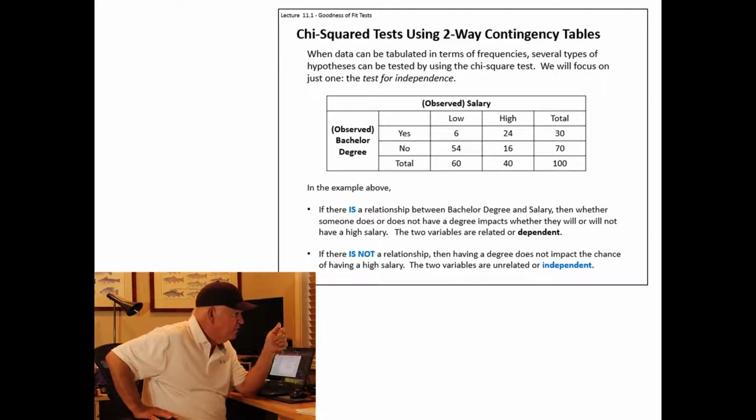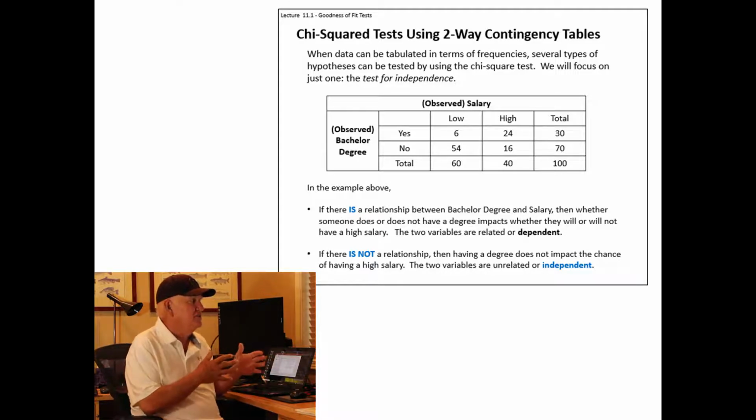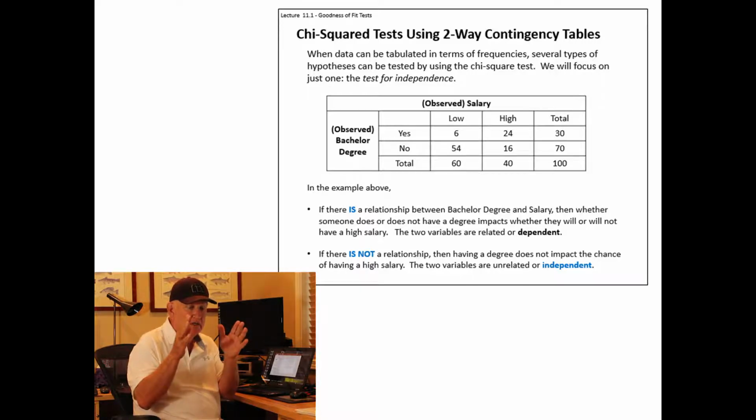Now, if you look across the row that says, yes, I have a bachelor's degree, of the 30 people in that row, 24 have high salaries, 6 have low salaries. Yet if you look in the row below, no, I do not have a bachelor's degree, of those 70 people, 54 have a low salary, 16 have a high salary. So it would seem that this data is trying to scream out to you, hey, there's a dependency here between the type of salary you have and the type of degree you have, and that's absolutely true.